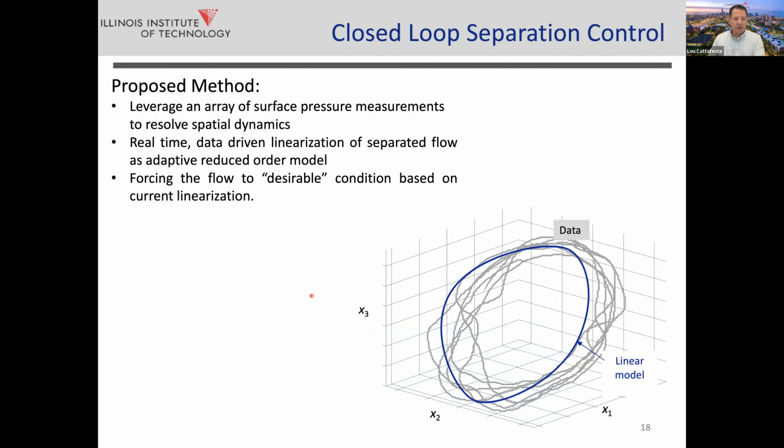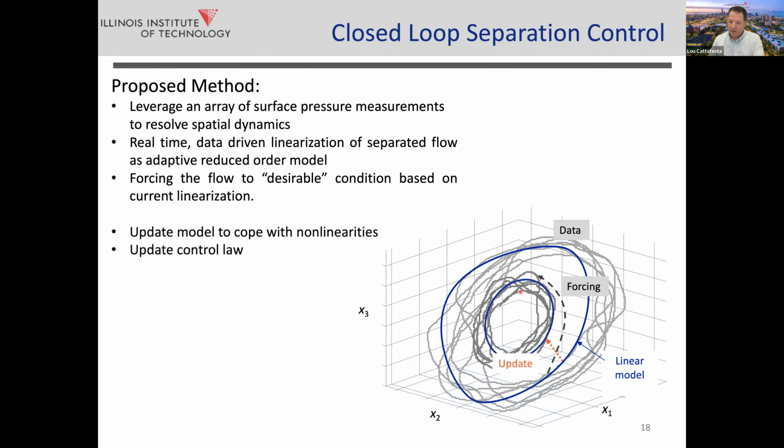So the idea is that if you think of a phase space plot, and you have some sort of oscillator model evolving in time, you get this behavior where when you induce forcing, you want to drive the states to 0, okay? So a smaller radius, if you will, of this phase space. And so that means the model's changing, and we need to be able to update the model in order to incorporate this.